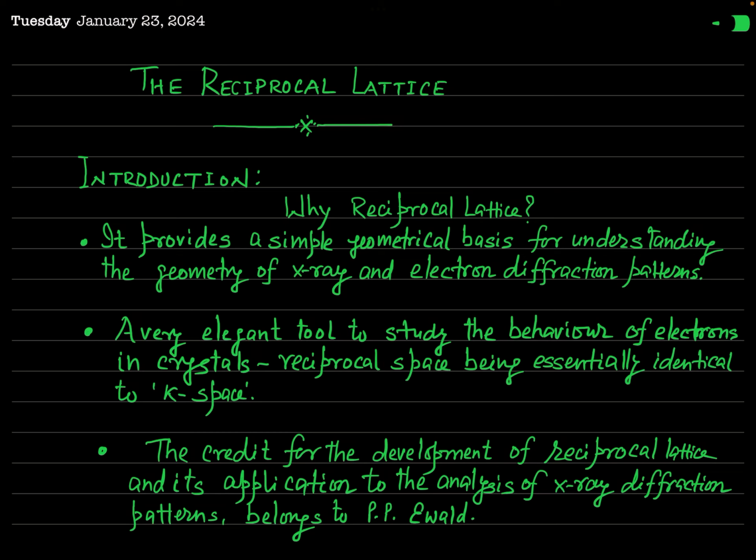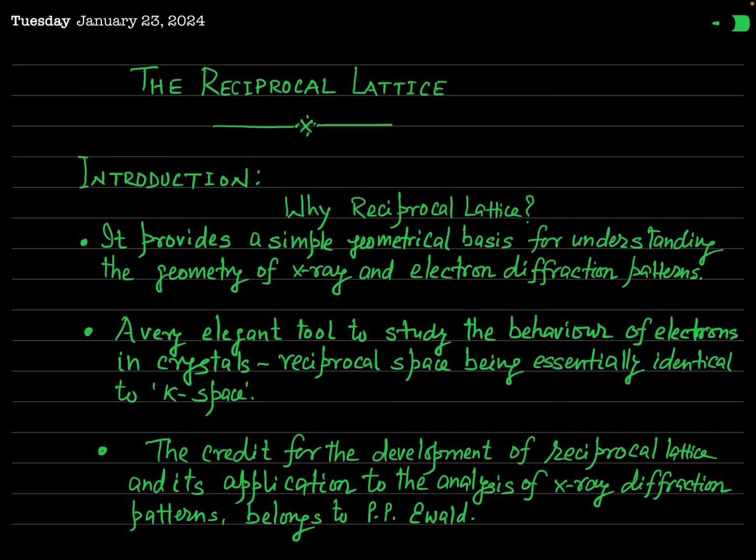In fact, this concept of reciprocal lattice is a mathematical construct used to describe the periodicity of a crystal in reciprocal space. When you say reciprocal space, this is the dual space of the direct lattice space, or you can say that reciprocal space is the Fourier transform of real space.